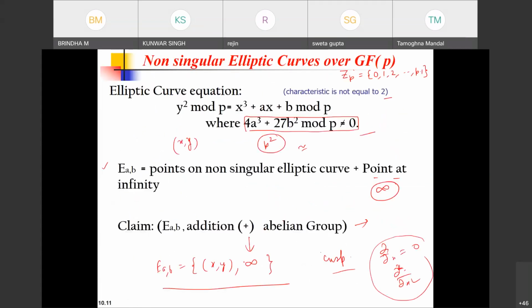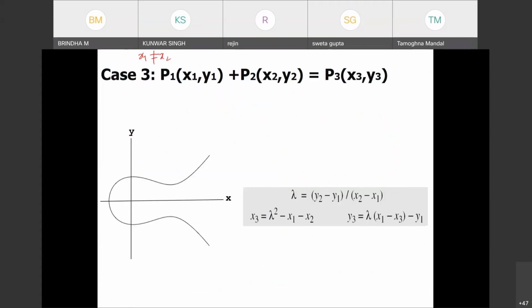The curve equation is y square equals x cube plus ax plus b.